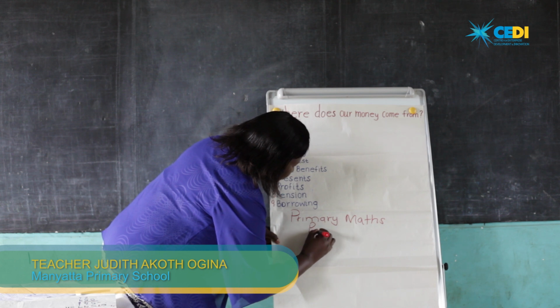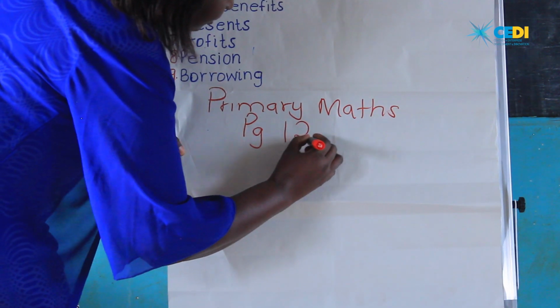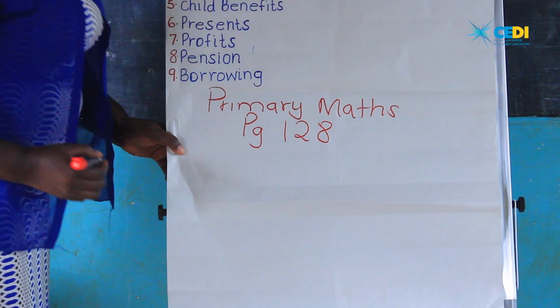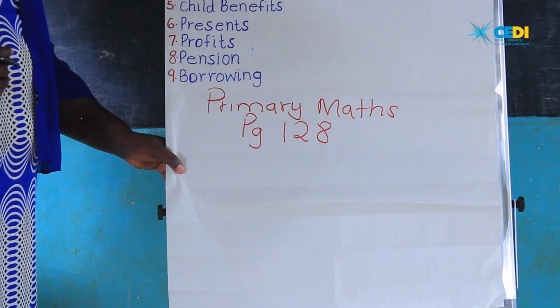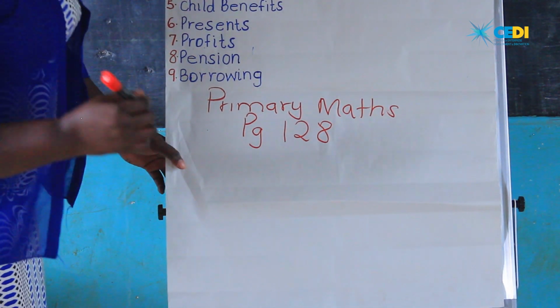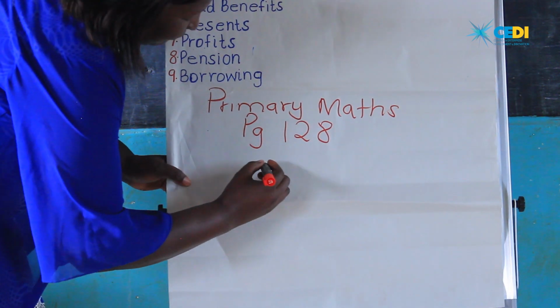Page 128. How many do you want? No, 5 is little. Let me give you 10.